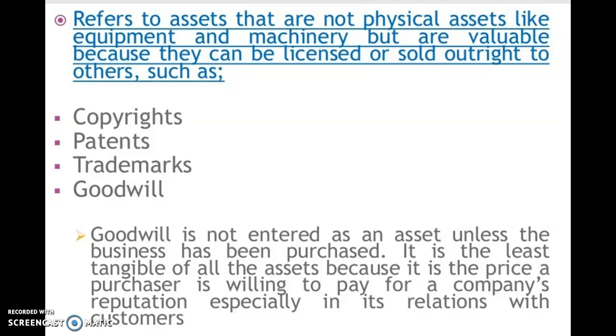Please understand the difference. Intangible assets like copyright, patents, trademark, goodwill and others, they have the market value like the other assets, but fictitious or nominal assets, they do not have any market value. They cannot be sold in the market.